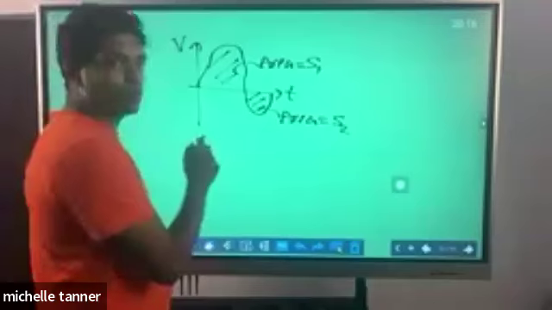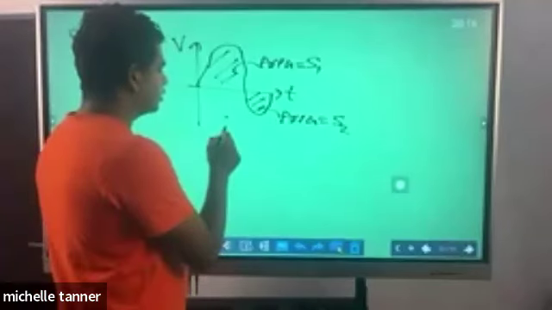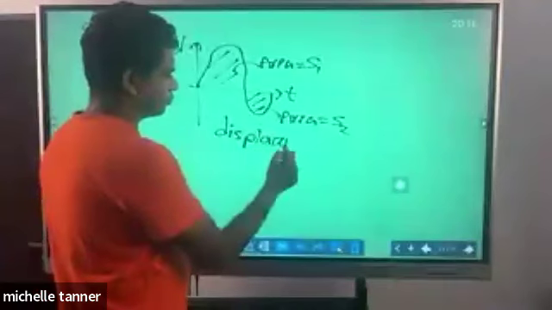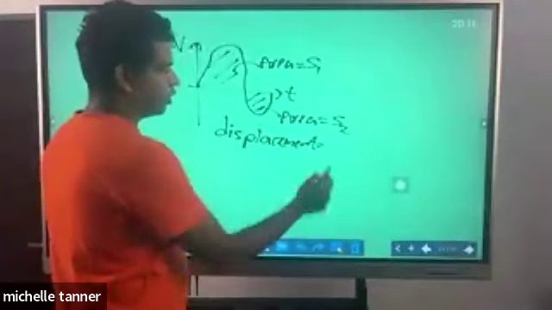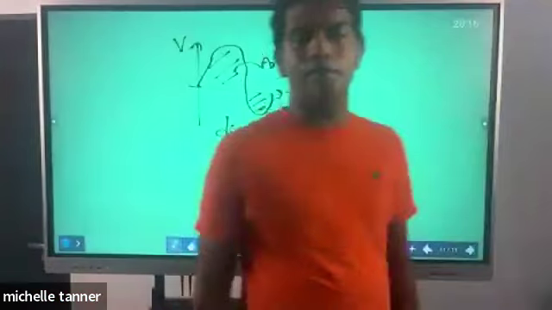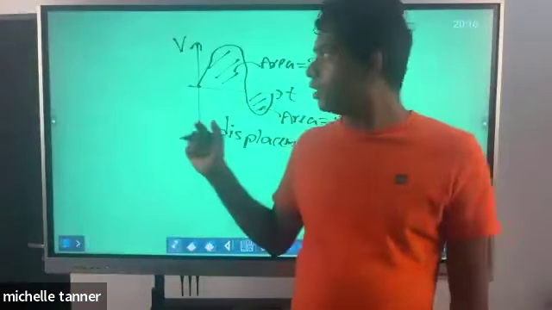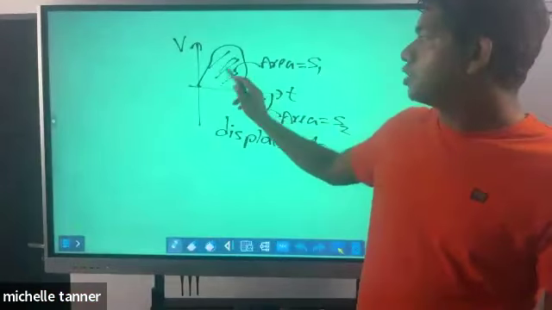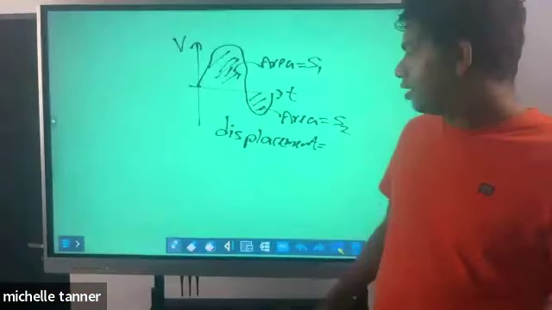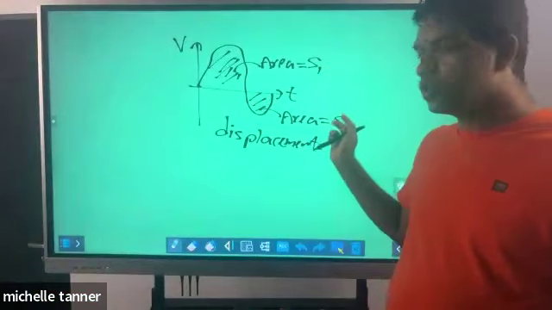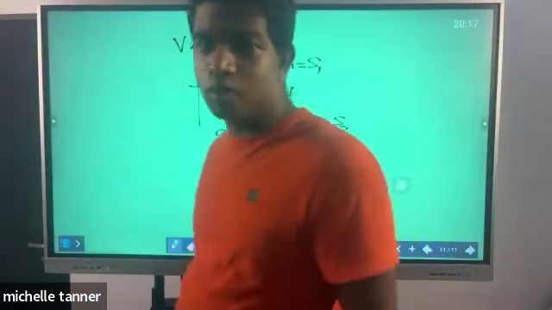Then we have to calculate displacement. Now we know the area of a velocity time graph equals displacement. There is a positive area and a negative area. How to calculate the displacement? By adding S1 plus S2 or S1 minus S2?